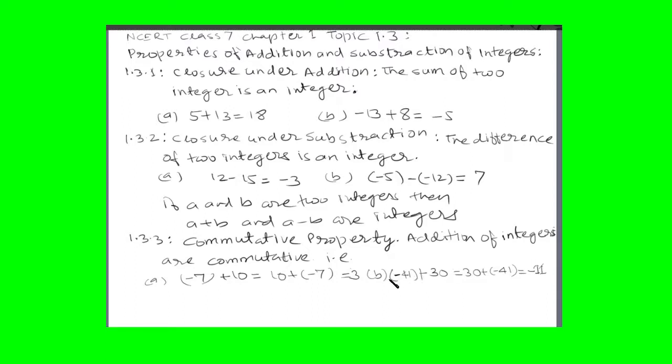Here minus 41 plus 30 is same as 30 plus minus 41. We can interchange their positions, and in both the cases we get minus 11. So this property is called commutative.